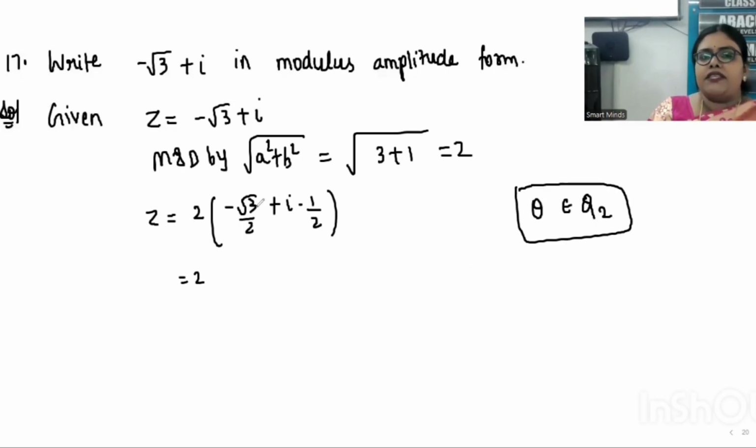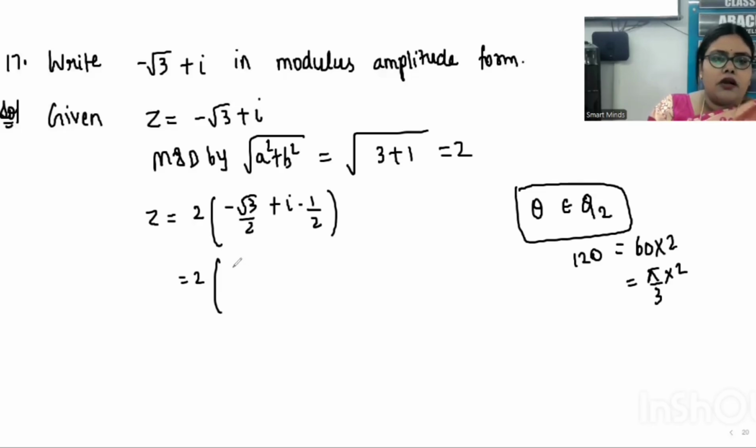That means if it is 60 degrees, we need to do 180 minus 60. So what is 180 minus 60? It is 120. So how can you write 120? 60 into 2, and 60 we can write as pi by 3, so that is 2 pi by 3.